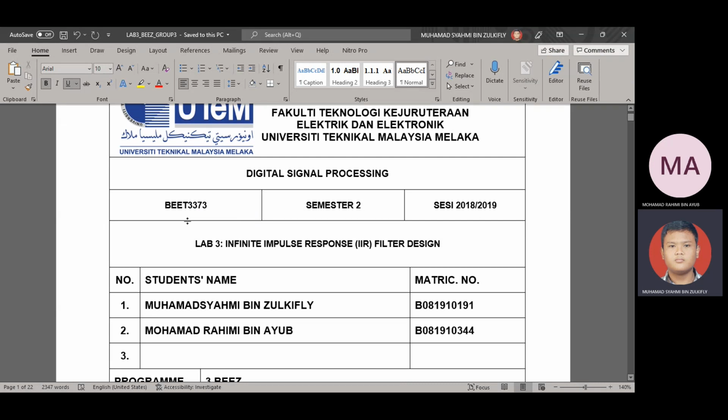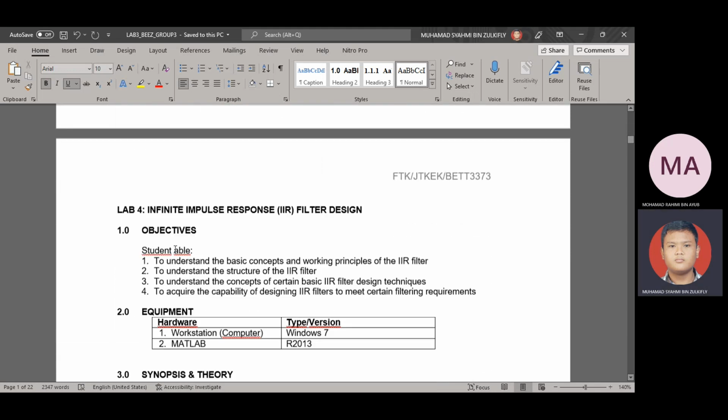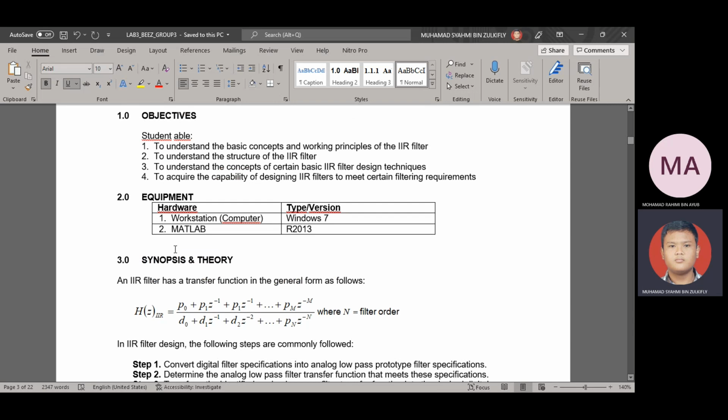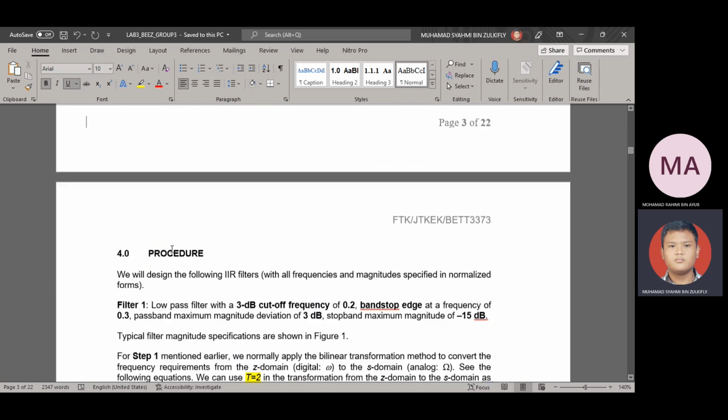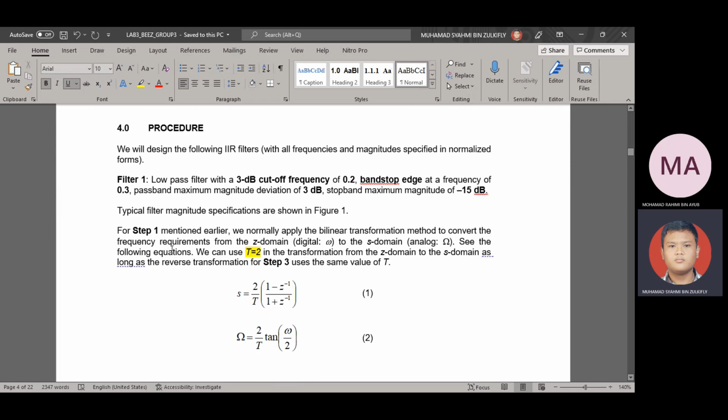Ayub. Okay, today we're going to do the Lab 3 assessment, that is Infinite Impulse Response (IIR) filter design. I'm going to go through the procedure of this lab. The first thing is we need to design the following IIR filters with all frequency and magnitude specified in normalized form.